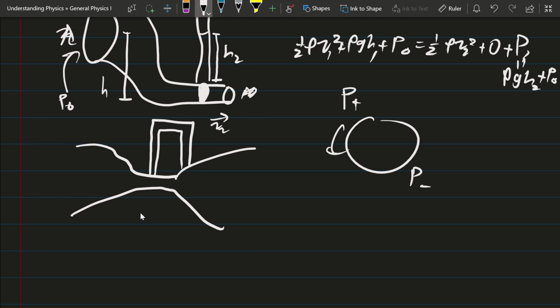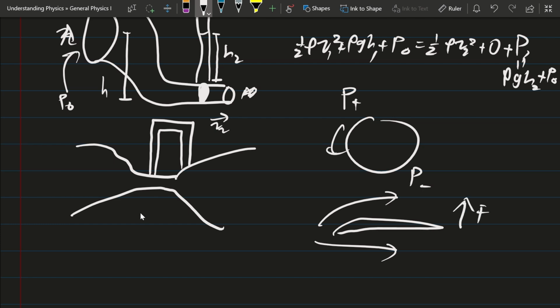And another use of the Bernoulli effect is the one that you use on planes. So airplanes have a very specific design, something like this. And to generate a force going upwards called lift, you would need to have higher pressure at the bottom and lower pressure at the top. So you could compute this, but designing it is quite hard.